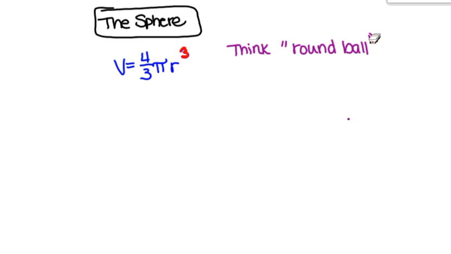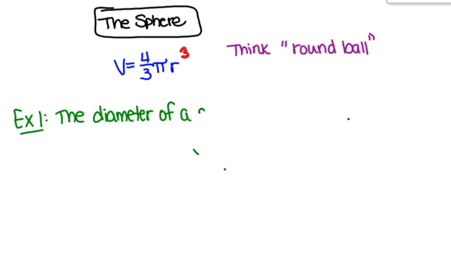All right, so now that we know what a sphere is and we know the formula that we're going to use, let's get down to business. In example 1, we have a sphere whose diameter is 12 inches. Like we've done for almost every problem in this unit, we're going to find the volume.